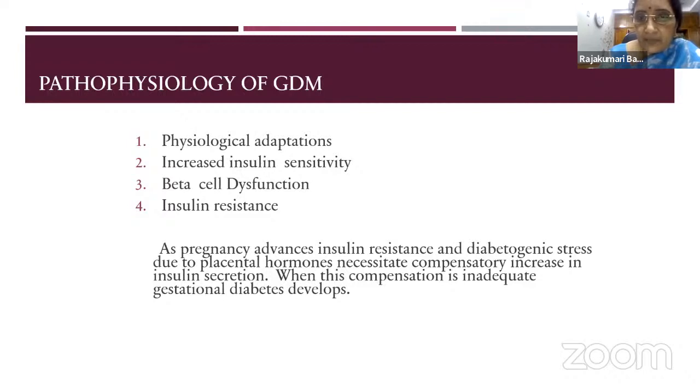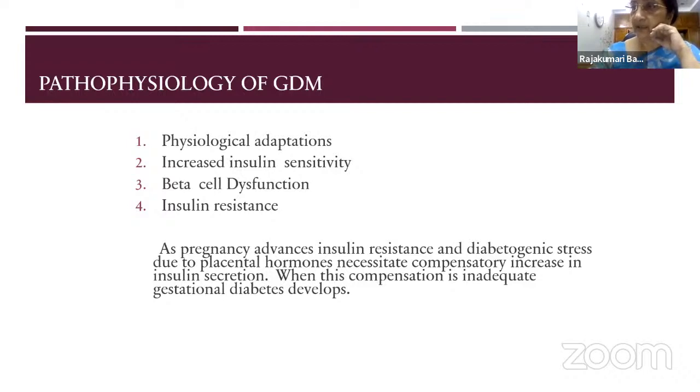Other factors contributing to insulin resistance are diet, a high protein diet being detrimental, failure of insulin signaling, and neurohormonal dysfunction. Cytokines released from adipose tissue will be more during pregnancy, and these impair insulin signaling and inhibit insulin release from beta cells.